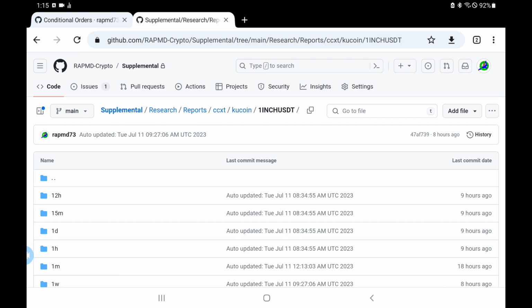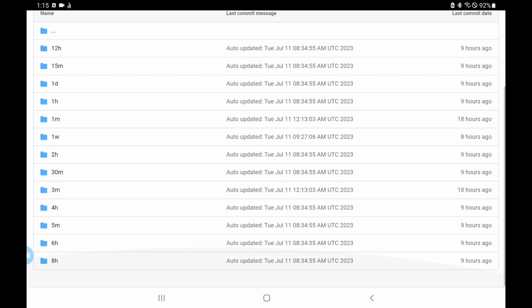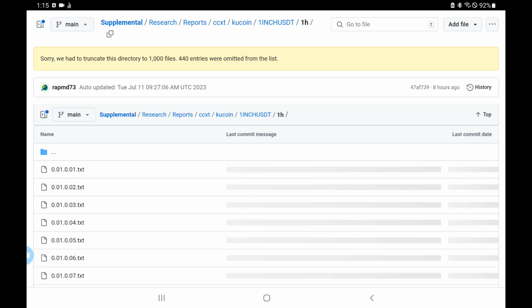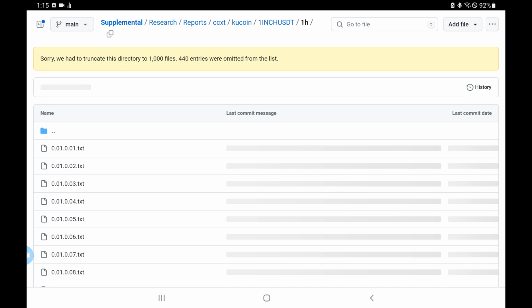Let's go into the 1-inch asset, and for every single time frame, I have collected data, 5,000 candles for each and every time frame supported by this asset, so that I can run an analysis to determine the best and most profitable approach. Now this takes a significant amount of time to process, and I've blown up my VPS quite a bit just within the last 3 months of developing and refining this technique.